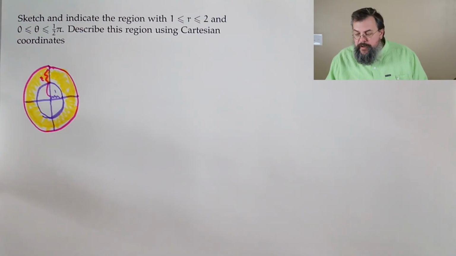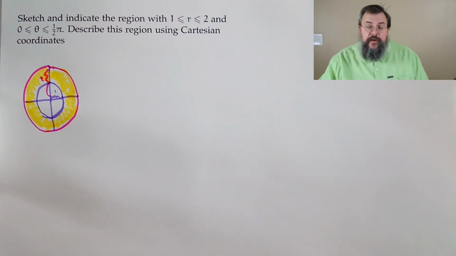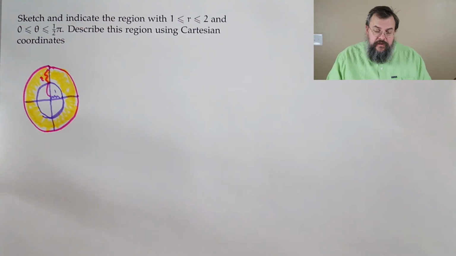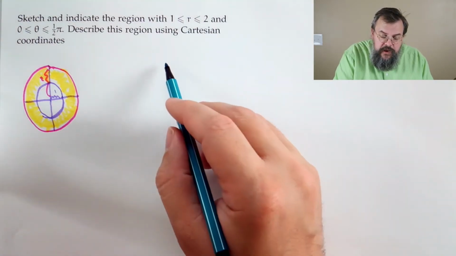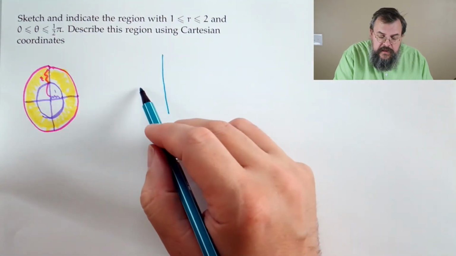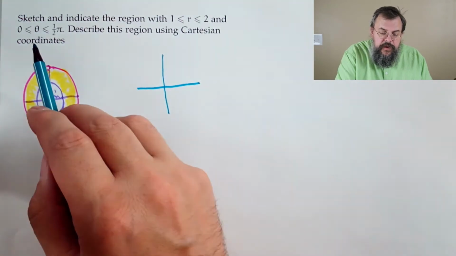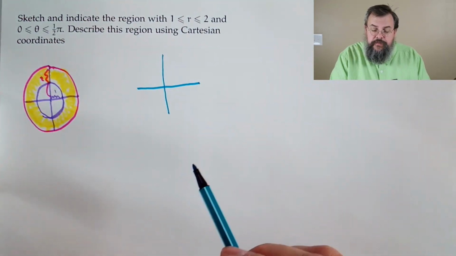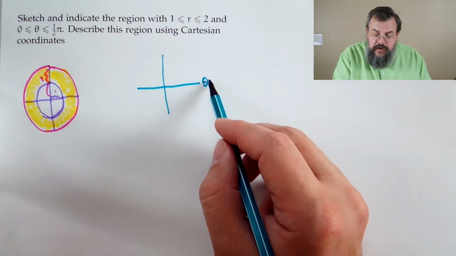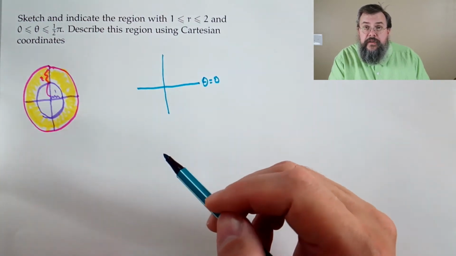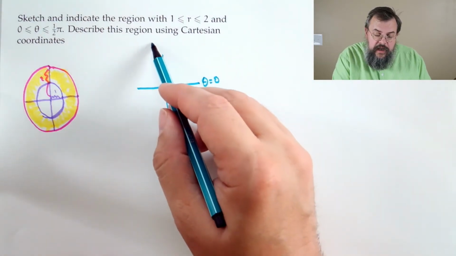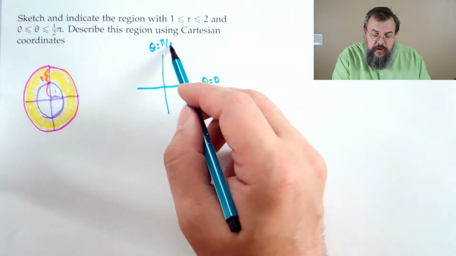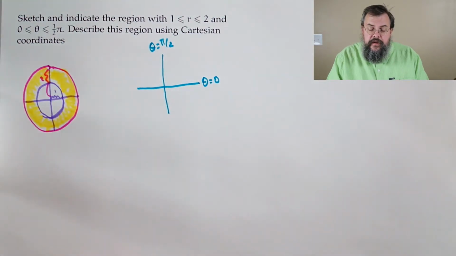Now, there's other information that we need to use, and that's about theta. Okay, so what is that? Well, theta says that we should be between 0 and pi over 2. So theta equals 0, that's what we usually associate with the positive x-axis, and theta equals pi over 2, we associate with the positive y-axis.